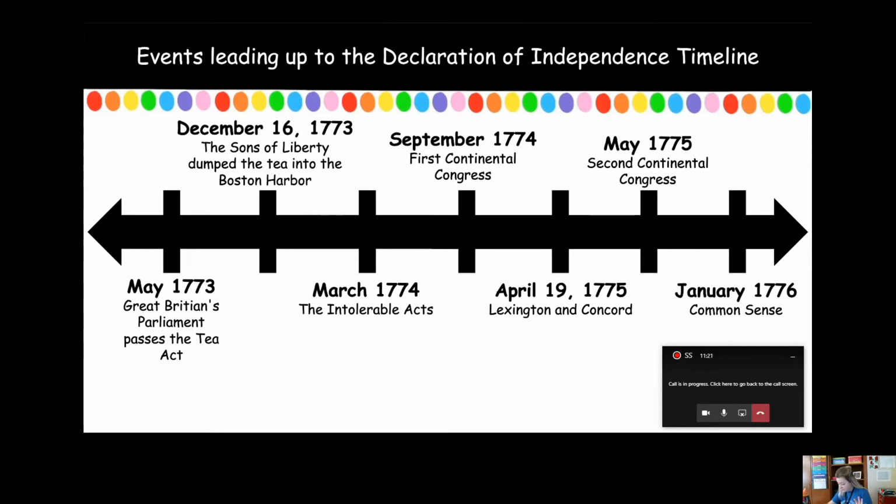So with that being said, we move to April 19th, 1775, the Lexington and Concord attacks. Now, this is where the famous shot heard around the world happened. We'll talk about why that phrase is so infamous in this time.